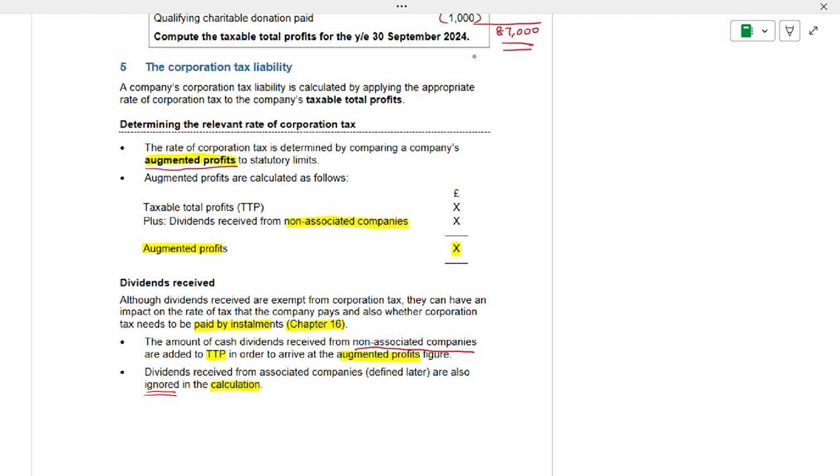Non-associated companies we will add. With respect to associated companies we will ignore. Is it okay?